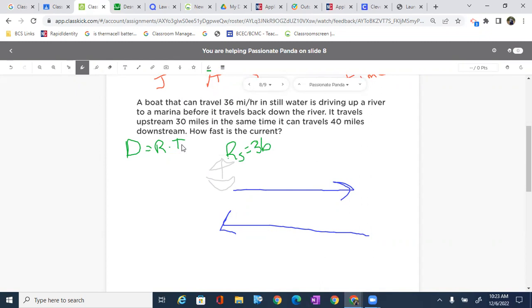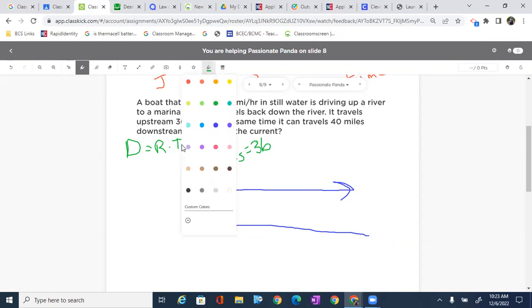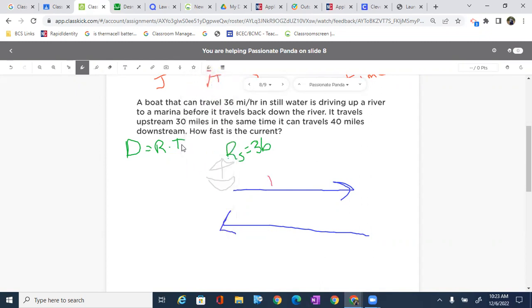It travels upstream 30 miles, so we know its distance is going to be 30 miles. It can travel that 30 miles in the same time it can travel 40 miles downstream. So in the downstream current, its distance is 40 miles.